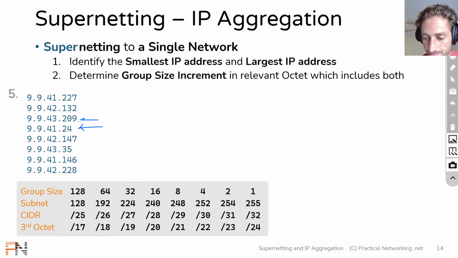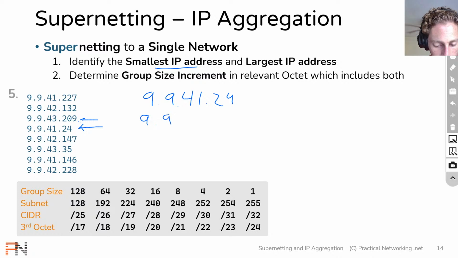So if we write those out, we've got 9.9.41.24 as our smallest IP, and 9.9.43.209.